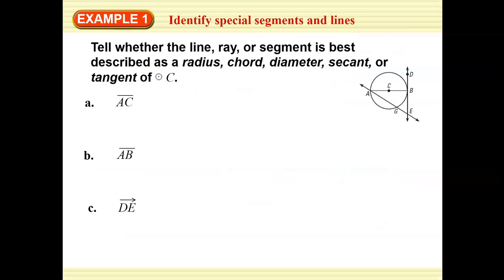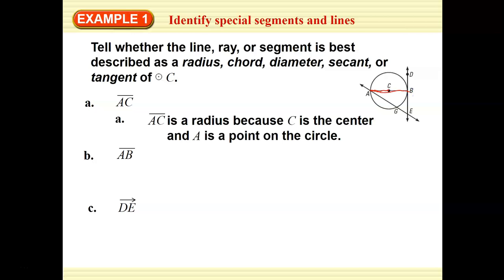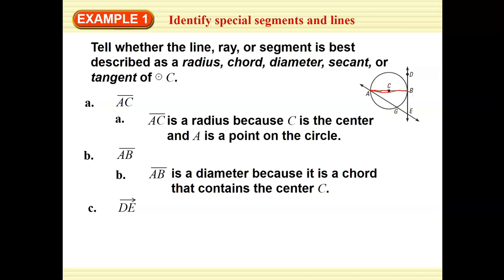All right, so just going through these things real quick. AC, notice that it's segment AC right there, that is a radius. AB goes from one end to the other, and it goes through the center, so that is a diameter.